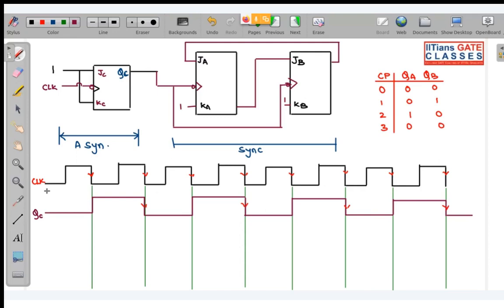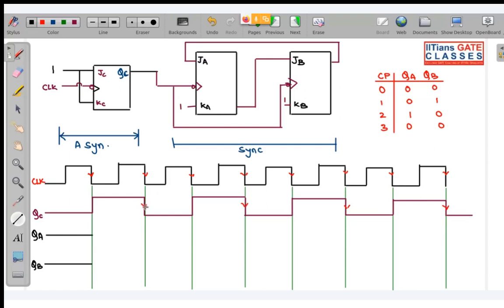So initially I am assuming that QA, QB, both of them are 0 0 at clock pulse 0. So let us assume that over here I am going to write QA, over here I am going to write QB. So QA is 0, QB is 0. So look, these 2 flip flops will change to 0 1 when there is a negative edge of QC.